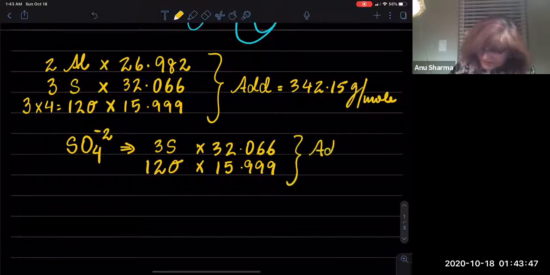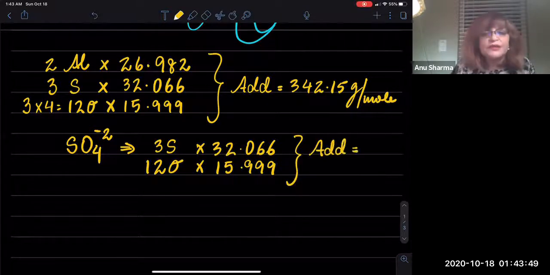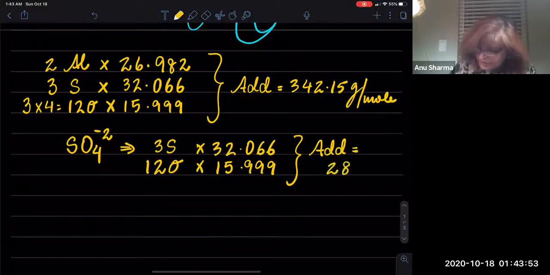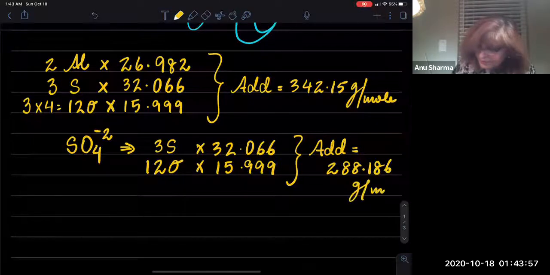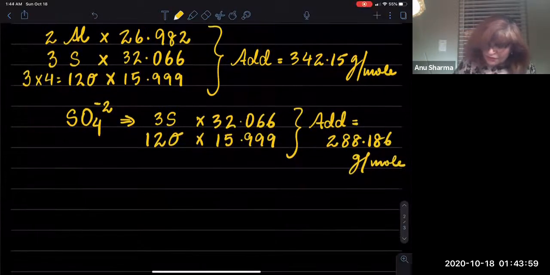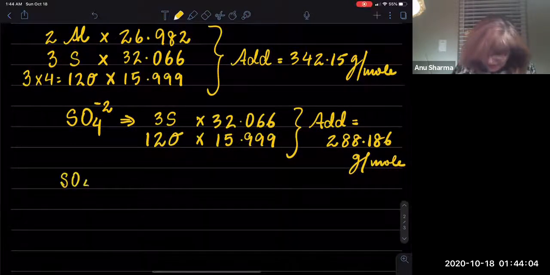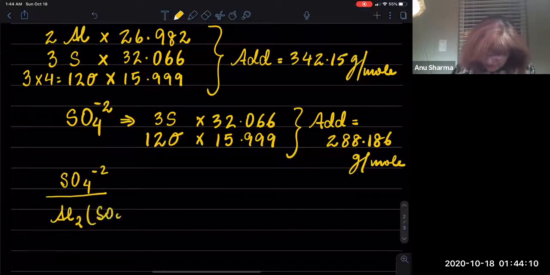When you add this up, it comes out to be 288.186 grams per mole. Okay, so next, you take the weight of sulfate divided by the total mass of Al2(SO4)3 times 100.